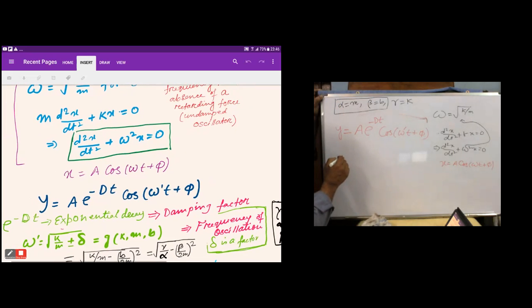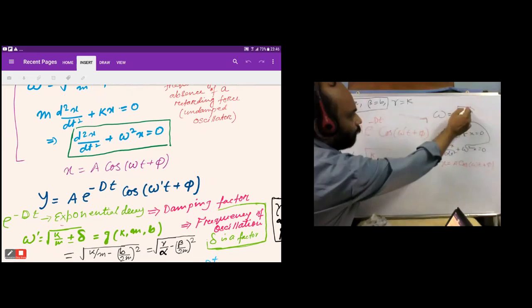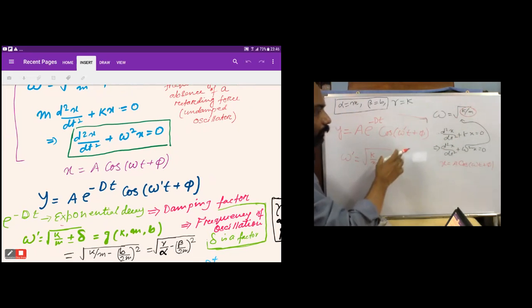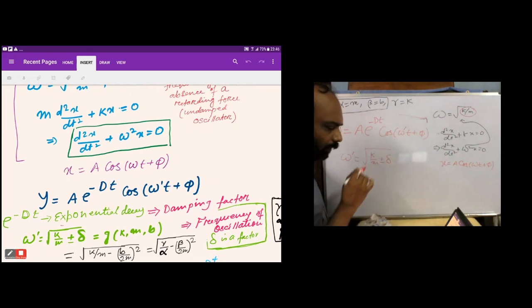So our omega dash, which is the frequency of oscillation of a damping system, must be equal to a square root of k by m, that is coming from here because of the simple harmonic case, plus or minus some sort of a factor, because I don't know whether my oscillation or angular frequency increases or decreases.